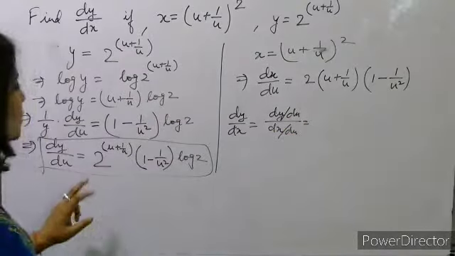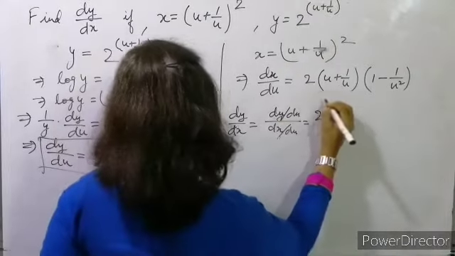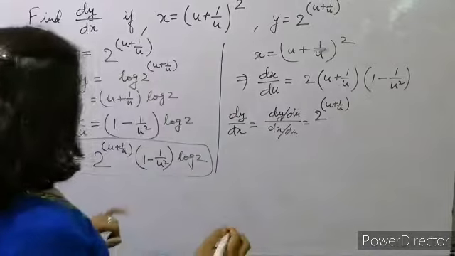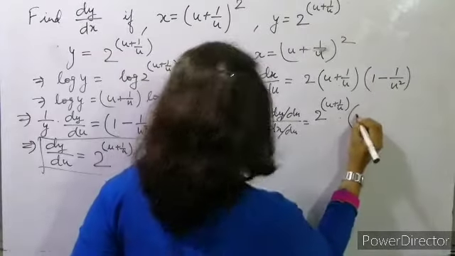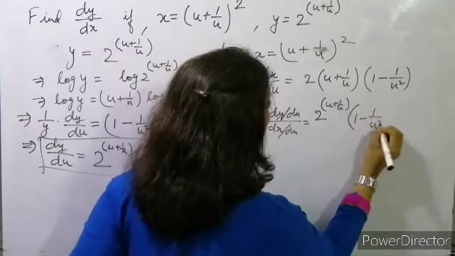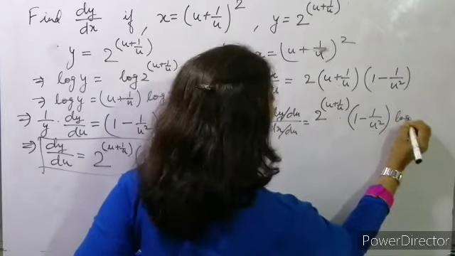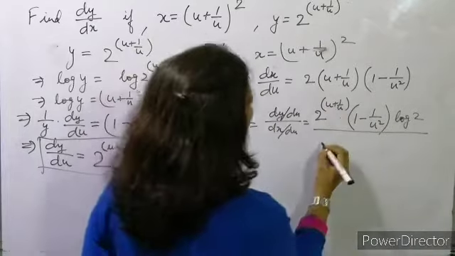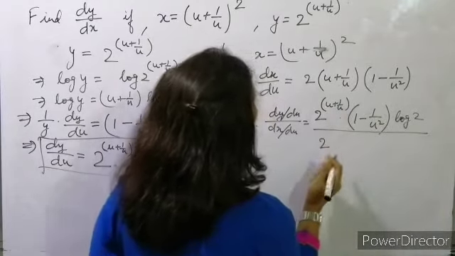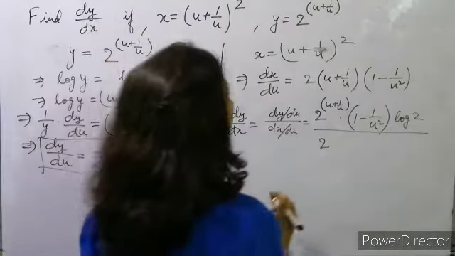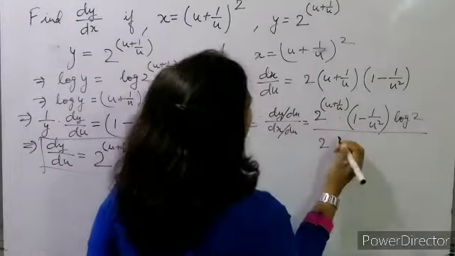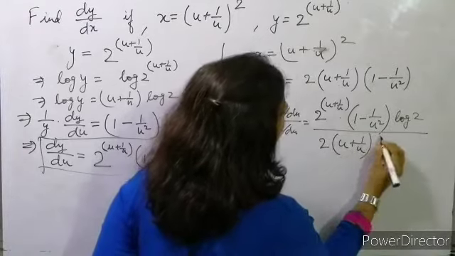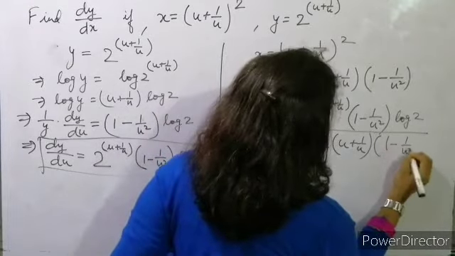So dy by du is 2 to the power u plus 1 upon u multiplied by 1 minus 1 upon u square and log of 2 divided by this one, 2 into u plus 1 upon u multiplied by 1 minus 1 upon u square.